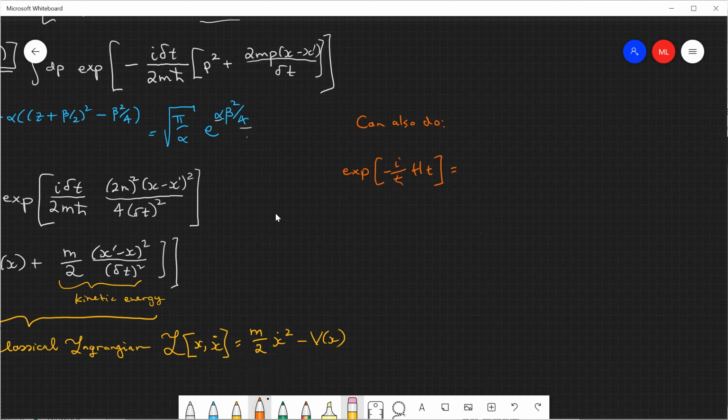So you can basically just use the formula, or let me put this delta t just so it's clear that this is a small t. So you can actually just expand the exponential out into a product of the kinetic and potential terms.